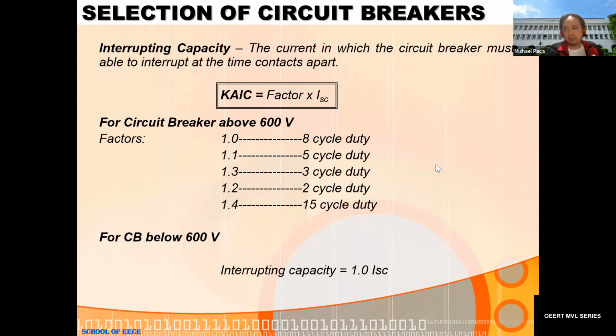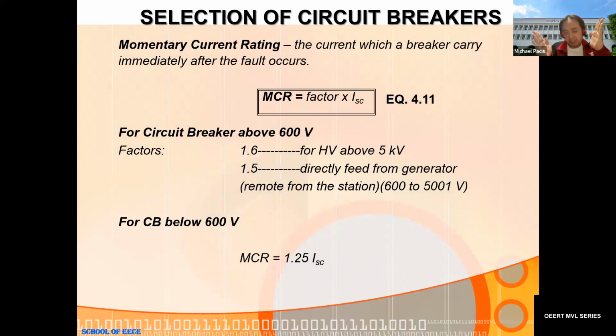So yun lang naman ang gagawin ninyo. Just multiply it by the factor dependent on the fault point voltage. So mas mataas ang MCR kasi this is the specification of the relay with the arcing after the fault occurs. So as you can see here, there are some factors which are dependent on the fault point voltage. Now, again, there's a 1.5 here.